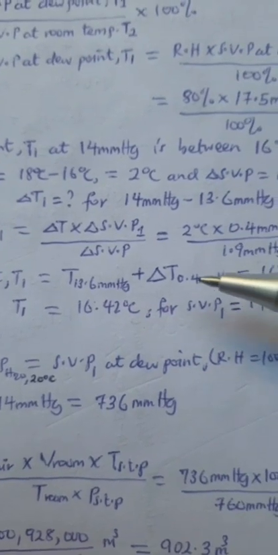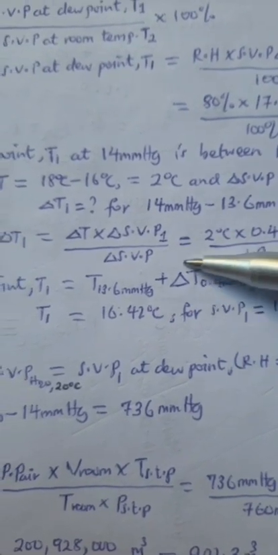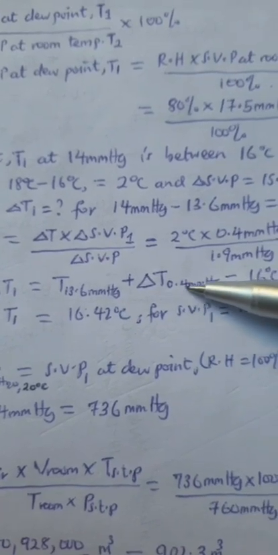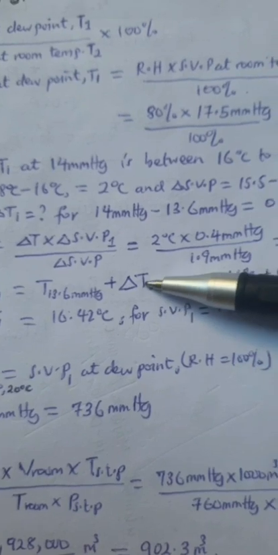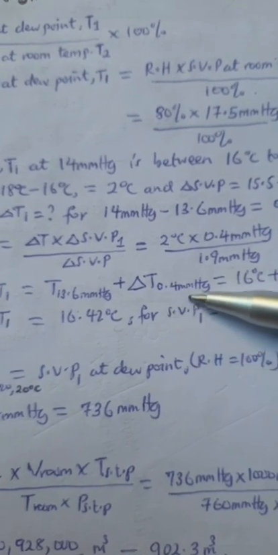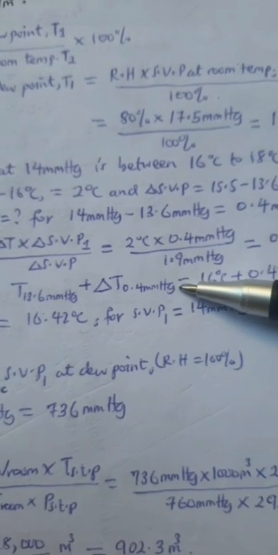Now our dew point will be equal to the temperature at 13.6 millimeter height of mercury plus the change of temperature T1, that is with a saturation vapor pressure interval of 0.4 millimeter height of mercury.